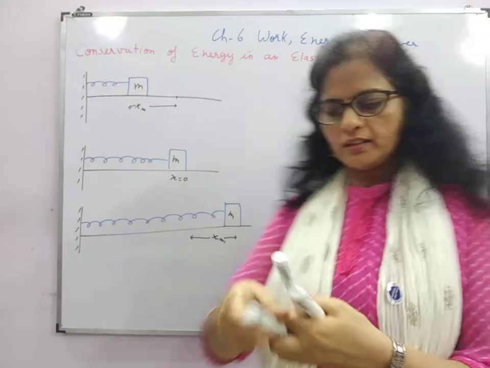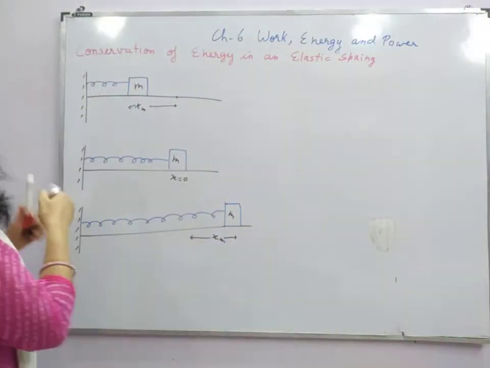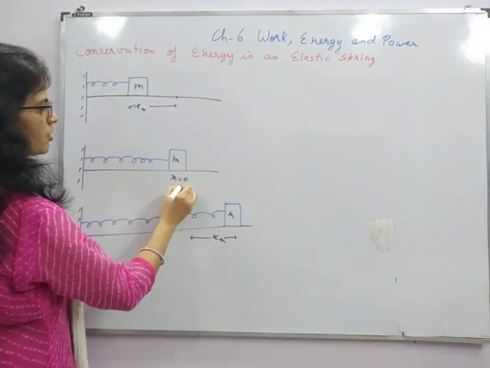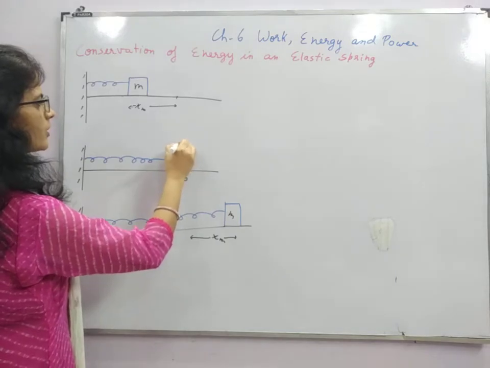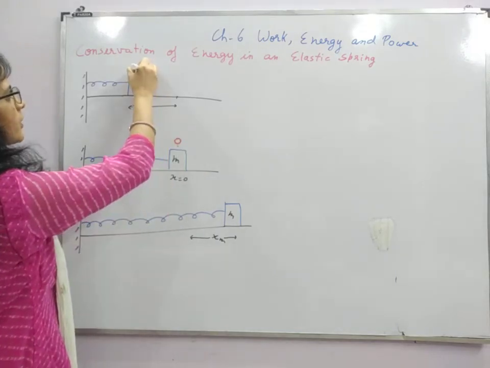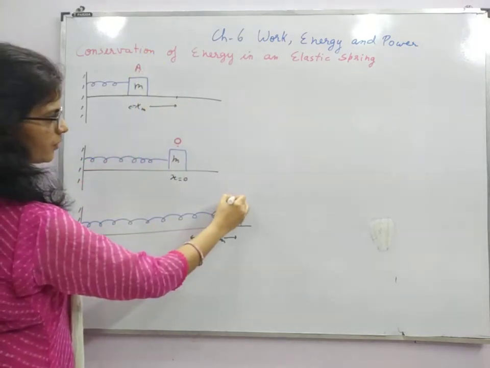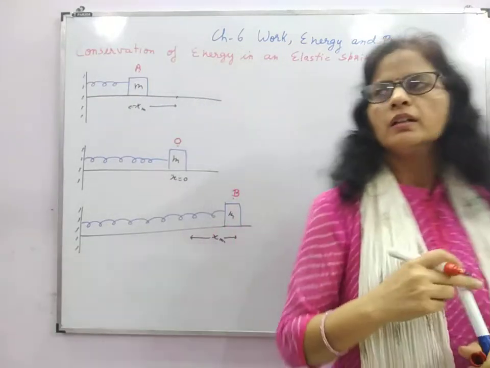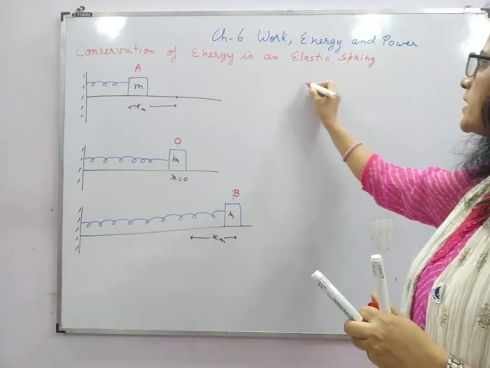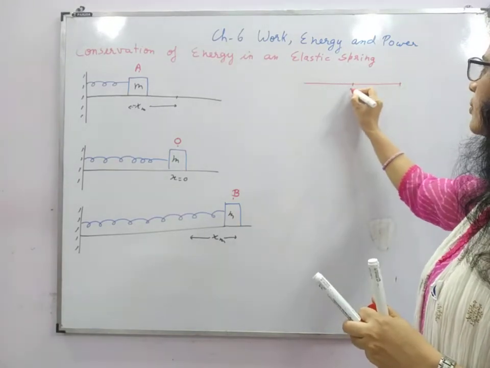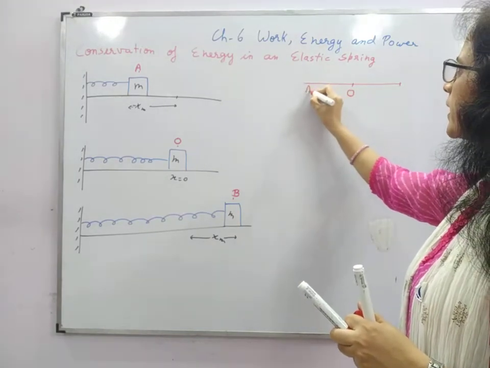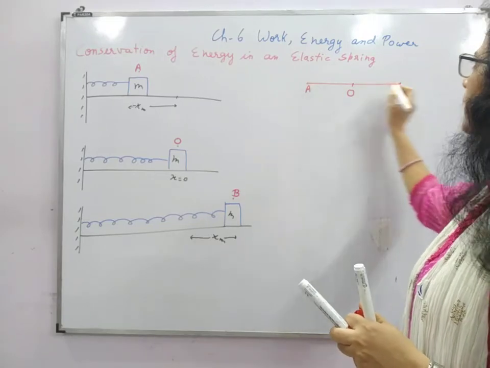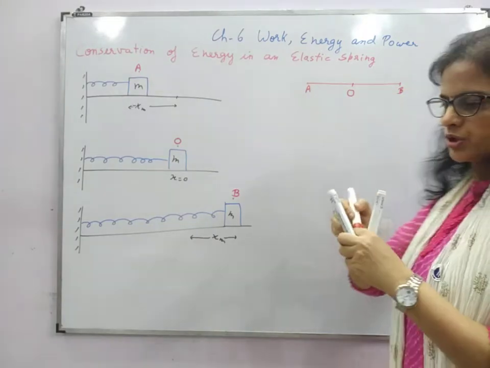So if we mark this point as O, this point is A, and this point as B. So I'm showing here how the movement of the spring is taking place. So I'm marking these points O, A, and B.